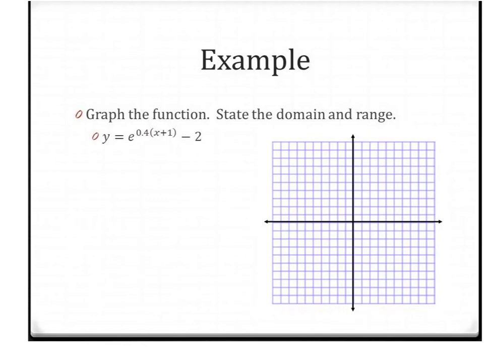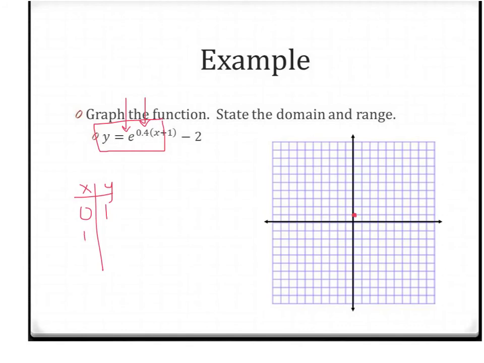Alright, we're going to graph another one, and this one has shifts, and we're not going to graph the shifts yet. We're going to start out by just graphing this part. Start with 0, which is going to give you 1, because anything to the 0 power is 1. So 0, 1. Now, 0.4 there is positive, so this is growth, and A is positive, so this is going to come up.